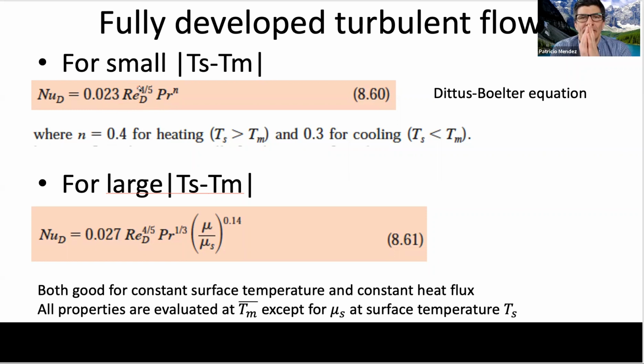Check this out, and this is the reason I spent so much time going over boundary layers in the flat plate. For turbulent flow, the Nusselt is proportional to Reynolds to the 4/5, 0.8. That is the same exponent of Reynolds we had in the flat plate.